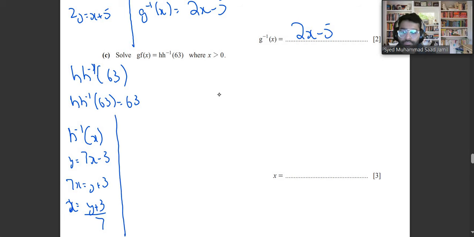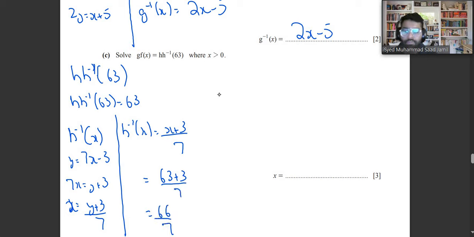So h inverse x is equal to x plus 3 upon 7. Now plug in the value of 63 over here. So 63 plus 3 divided by 7, that's 66 divided by 7.